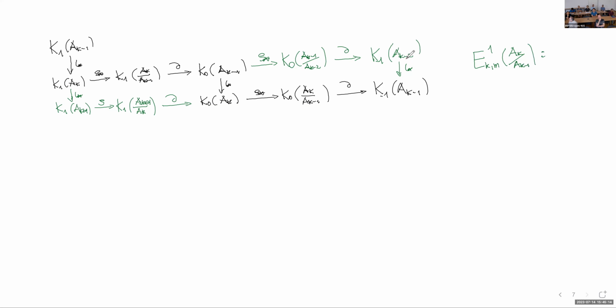So then we said our K plus N of A K minus 1. This is our E1 page. It only cares about these portions, and this portion has a K theory of this. All K groups are Z, a number of copies, and some are 0.